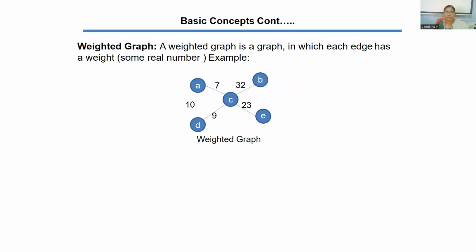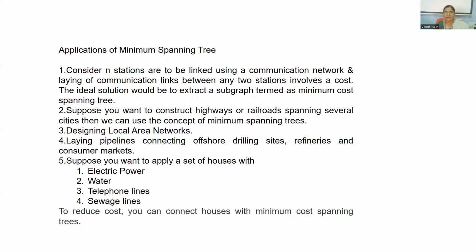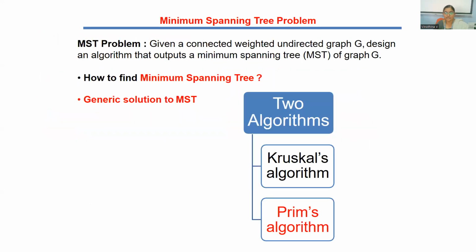So there are two algorithms to find the minimum cost spanning tree using greedy approach. One is Kruskal's algorithm, the other one is Prim's algorithm. So what is a minimum spanning tree problem? Given a connected, weighted, undirected graph G, the algorithm outputs a minimum spanning tree of graph G. So how to find the minimum spanning tree?